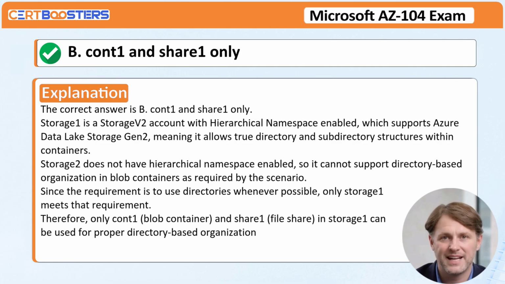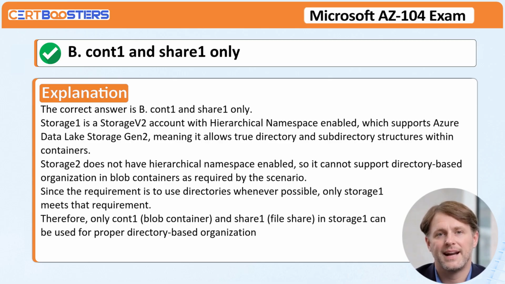Explanation: the correct answer is B. Cont1 and Share 1 only. Storage 1 is a Storage v2 account with hierarchical namespace enabled, which supports Azure Data Lake Storage Gen 2, meaning it allows true directory and subdirectory structures within containers.